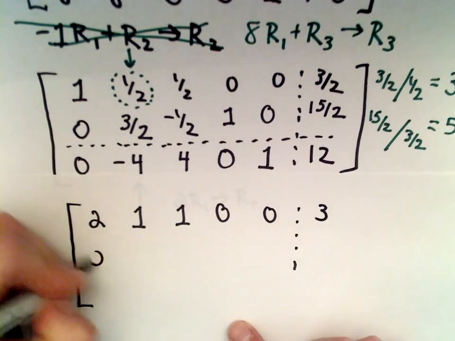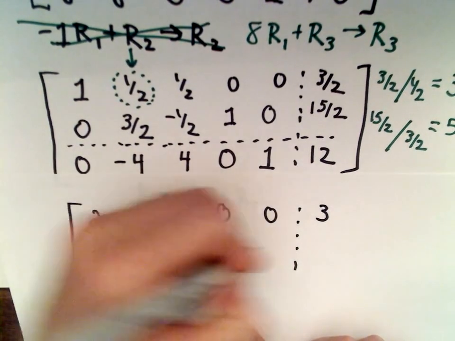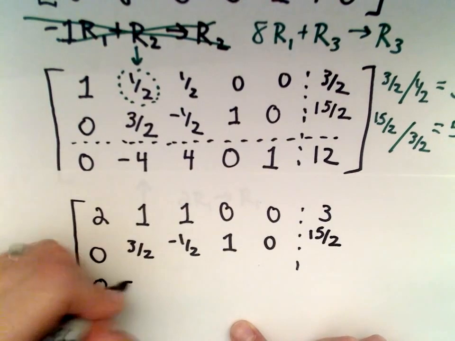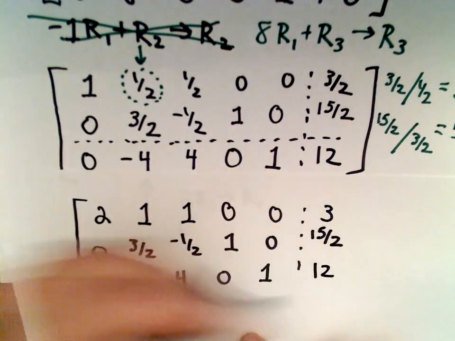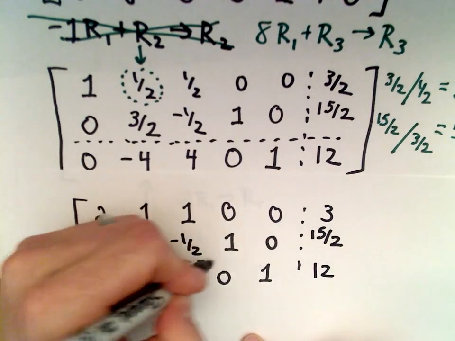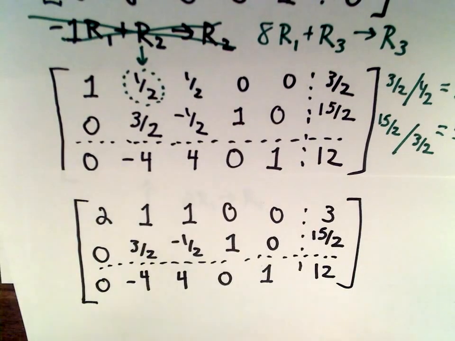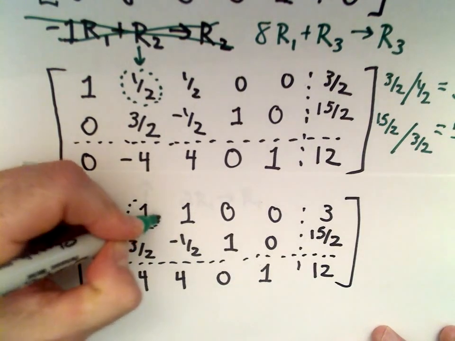We're going to leave everything else alone, just writing down all the other numbers. I like to keep my pivot element here circled just because it helps me stay on track and remember what I'm doing.